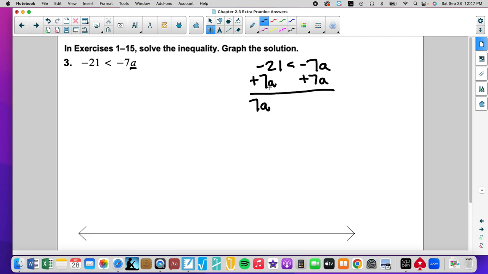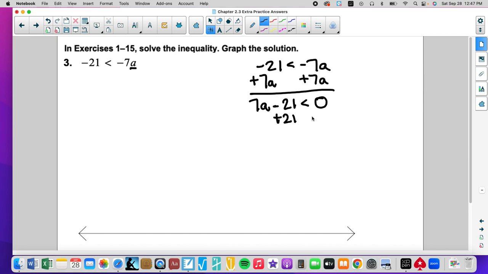So now my variable is positive, and then we get 0 over here. Notice when I moved it across the inequality, it went from greater than to less than, and I had to get it to be positive. Moving anything across an equal sign or inequality will change its signs. So it went from -7a to +7a.